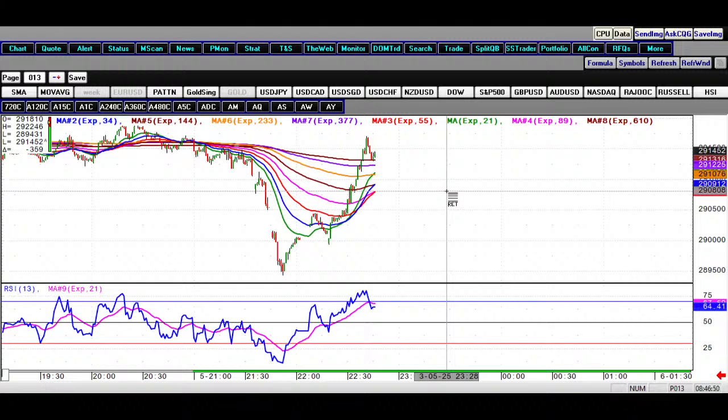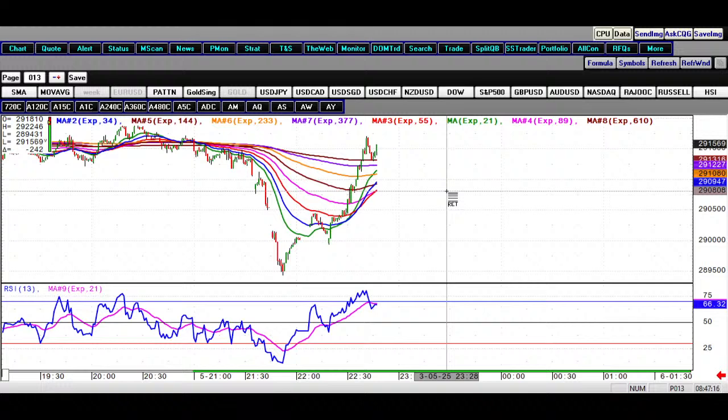If these three levels are able to clear, then there is a most likely chance that this market may test the high. But on the other hand, if price goes below 2904 or 2900, then more weakness is expected.